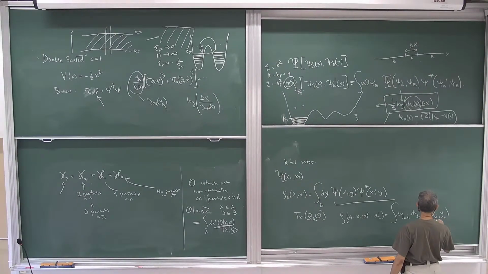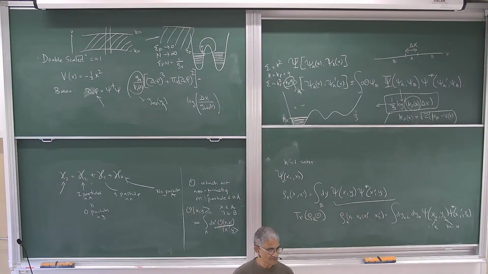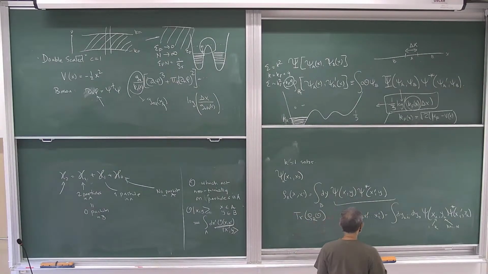This i runs from 1 to k. This runs from k plus 1 to n. Same y here. So that's being traced out. Okay. So this I'll call the density matrix in the sector which is labeled by K.